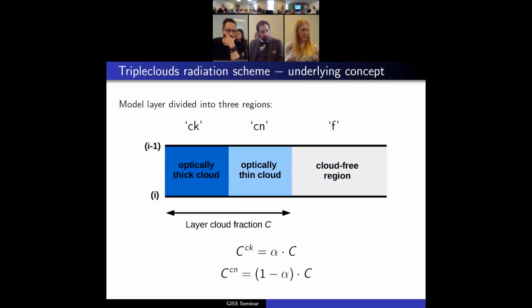And it's important to keep in mind that in a host weather or climate model, we only have the information about the entire layer cloud fraction C. And so I, as a developer of radiation scheme, have to decide how to split this cloud fraction into two parts. And this is how I formulated the split with the aid of this alpha parameter, where I have said simply part of layer cloudiness is optically thick and the rest is optically thin. And we will talk later what's the optimal value of this alpha parameter.